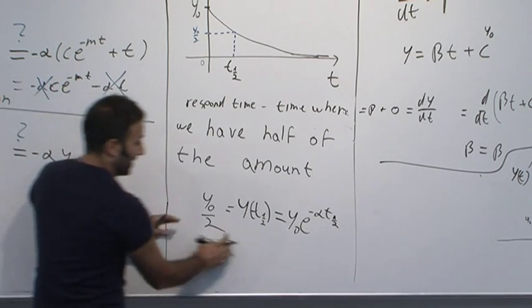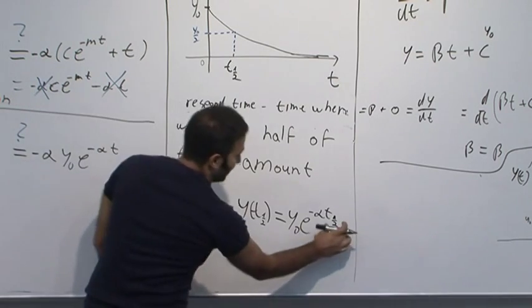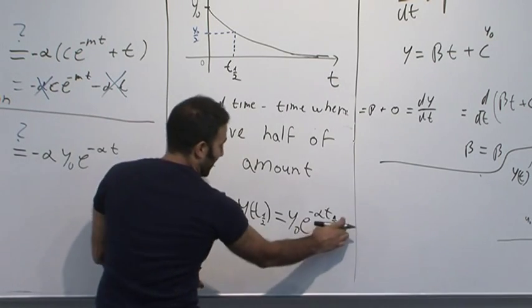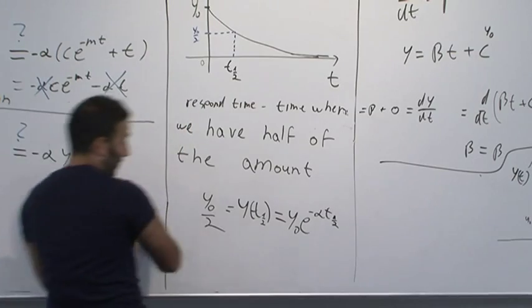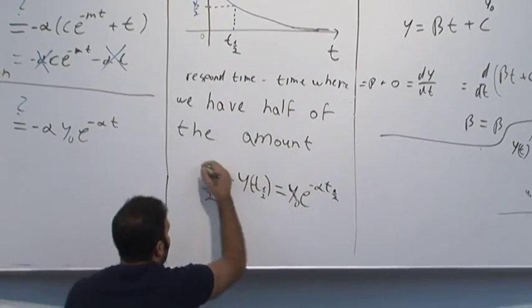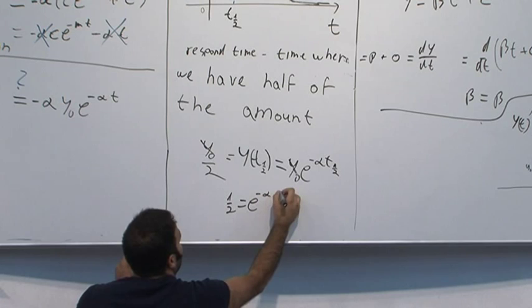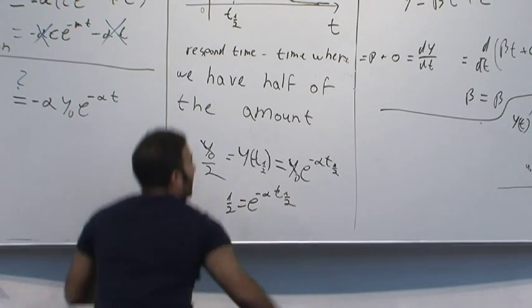We have some parameters here, some parameters there, and we're looking for t1/2. That means we want to make it stand by itself: t1/2 equals something. So first thing we can do is divide by y0. We have 1/2 equals e to the minus alpha t1/2.